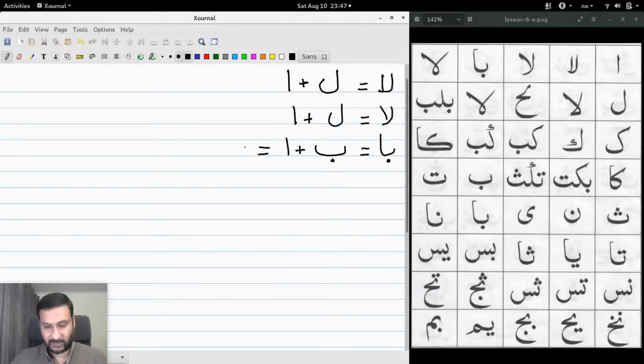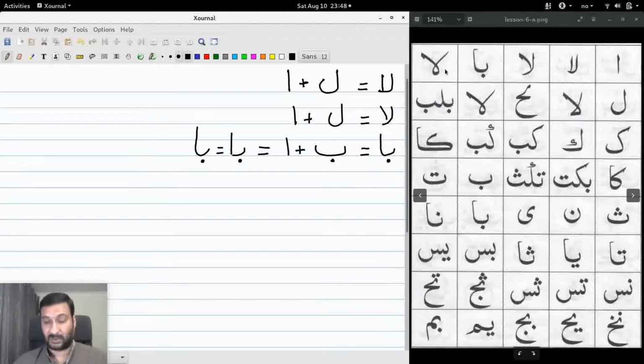When Ba is at the beginning of the word, you just use the first part of Ba and combine it with Alif like so. So this is Ba Alif.